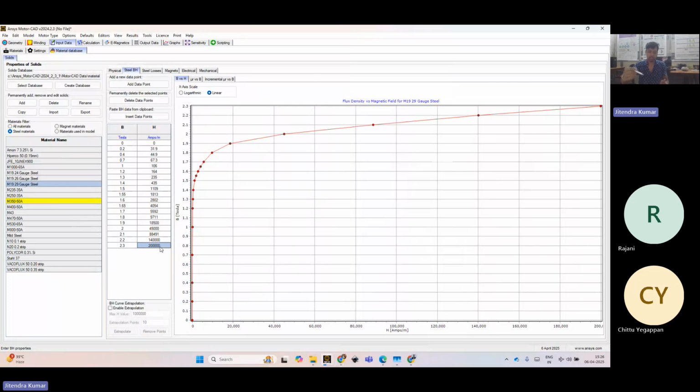Yeah. So, see, for cobalt-based steel, to feed almost 2.3 Tesla, we need 4 kiloampere per meter. And on the other hand, silicon-based steel has silicon integrated with it.